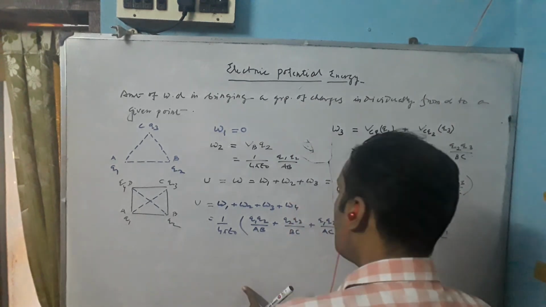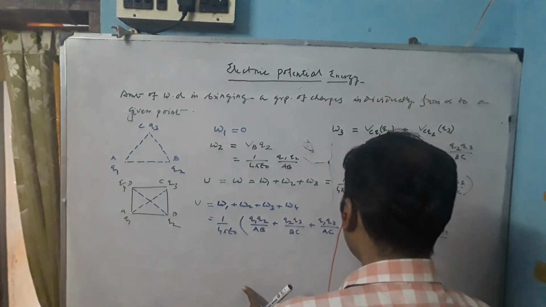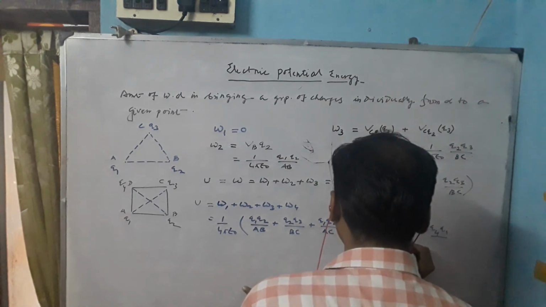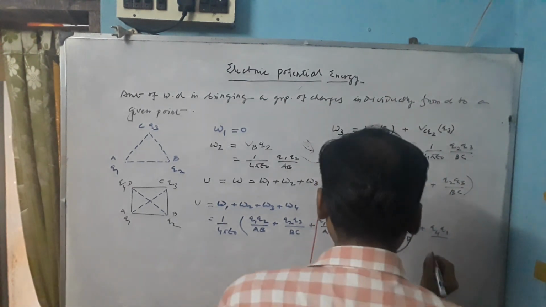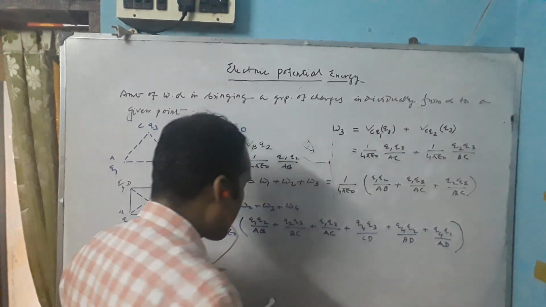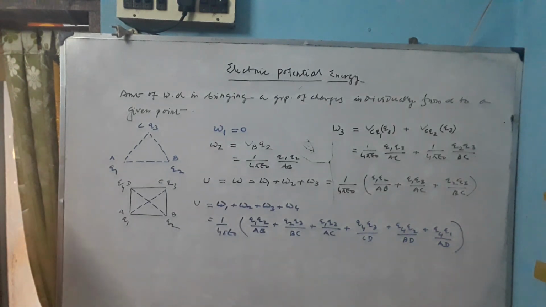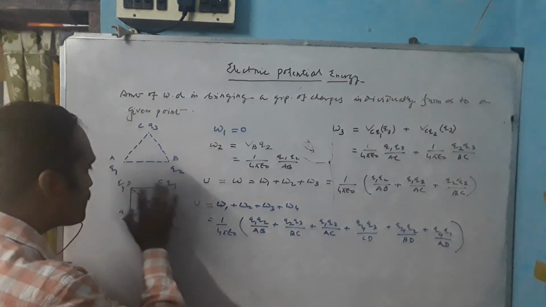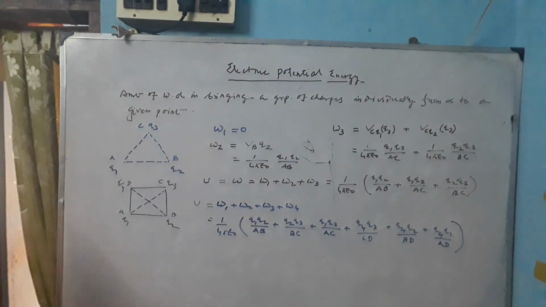Now put the distances. This is CD, 4 with 2 is BD, and 4 with 1 is AD. Okay. So this will be the total potential energy of this system. This is all about your electric potential and potential energy.